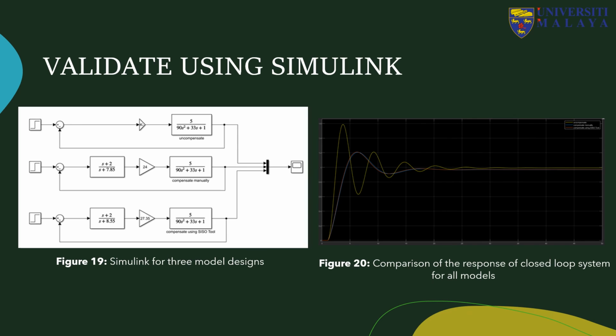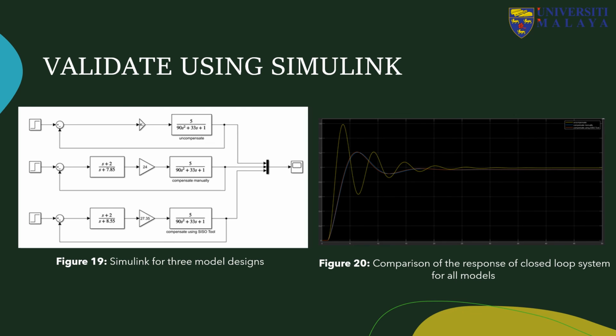The third one, at the bottom, is the compensator using SISO tool in MATLAB, where K equals 27.35 and the modified transfer function is (s plus 2) over (s plus 8.55). All these three models go to the scope to show the response of the system.